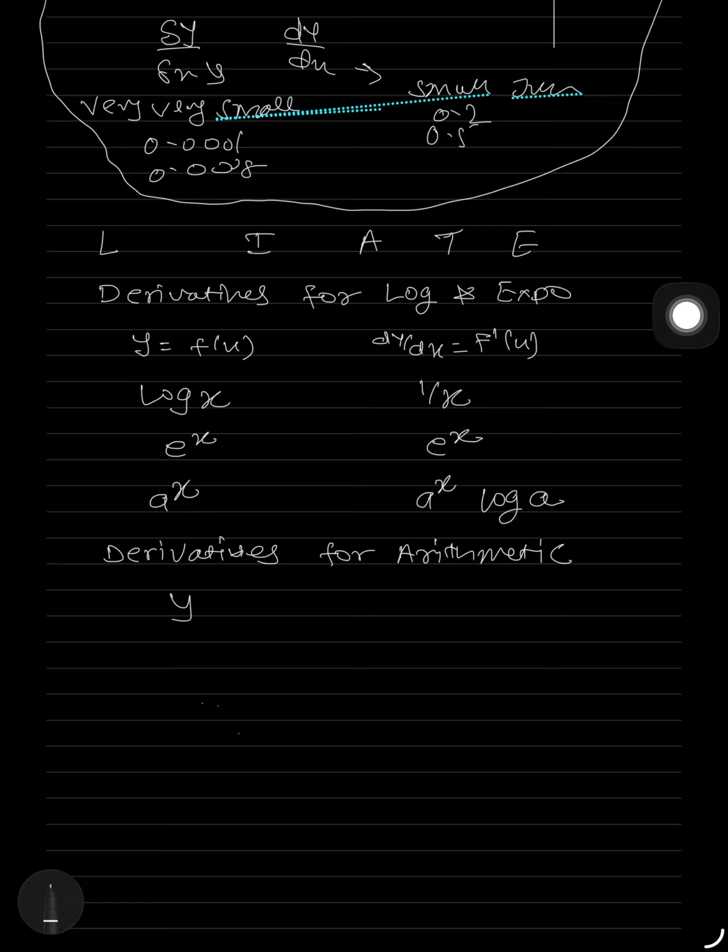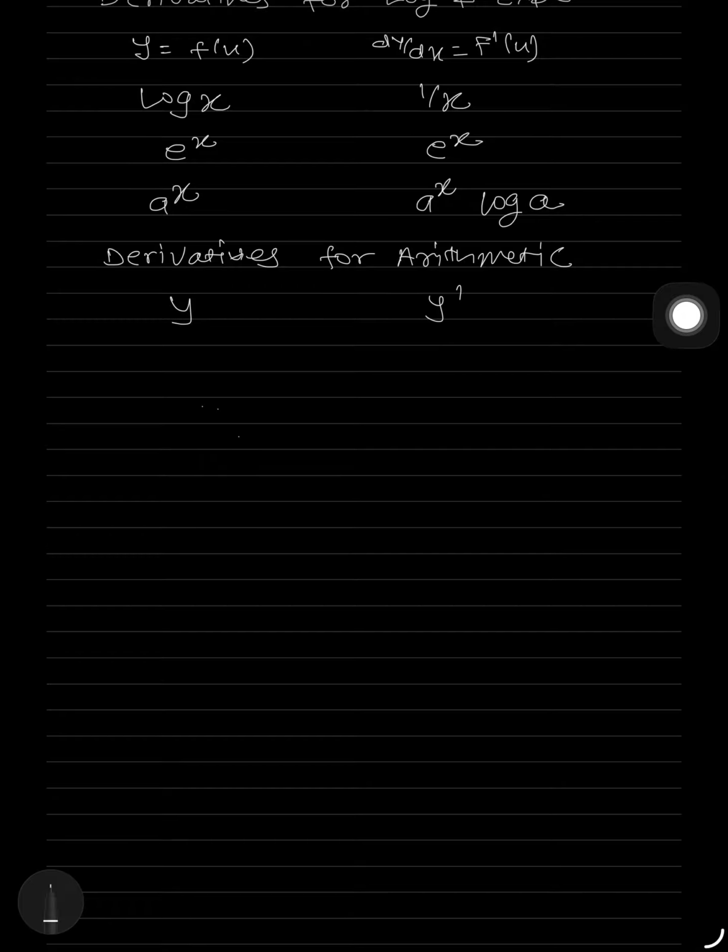So simply y and y dash. For the arithmetics, first we take c, that is a constant, any constant number, or we can say a scalar number. For example 5, 10, 9, the derivative will be 0. Next, the best formula that we have to use everywhere, x raised to n.